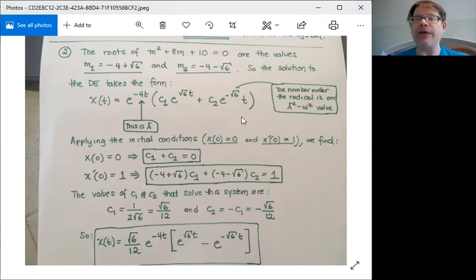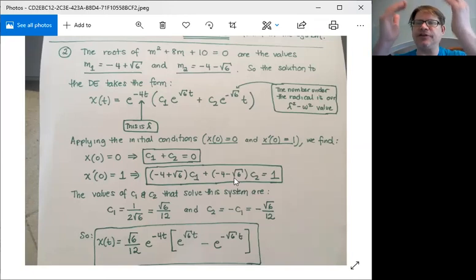Now, when we apply the initial conditions, x of 0 equals 0, x prime of 0 equal to 1, when we substitute in those values, we're going to find out that the initial condition on the position tells us that the sum of C1 and C2 has to be equal to 0, meaning that C2 is the negative of C1 and vice versa. And we also find this condition here from the initial velocity.